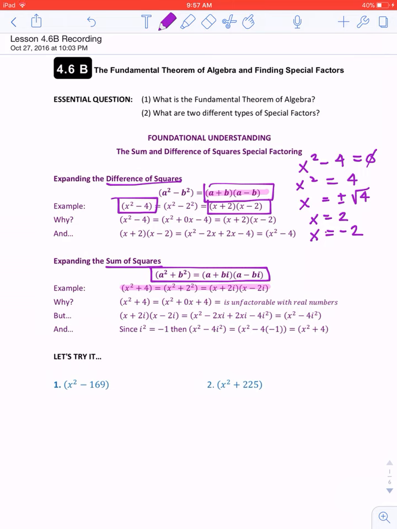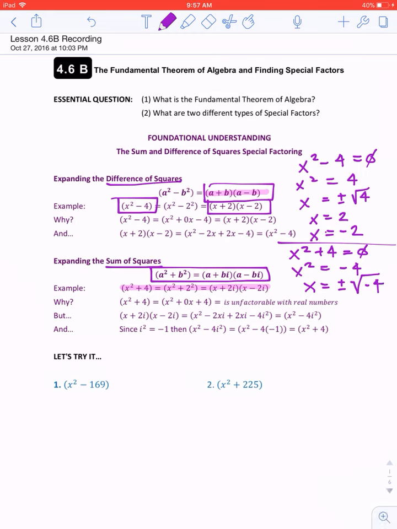And just in case, to prove that that is true, if we set that equal to 0, x squared plus 4 equals 0, and I solve that, x squared equals negative 4, so I would be square rooting negative 4.